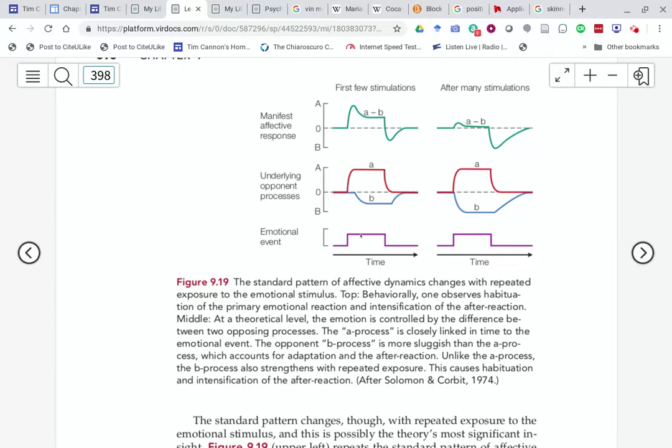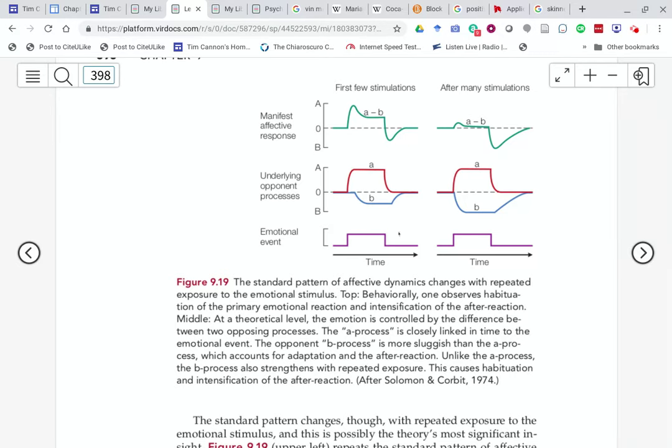So look at the bottom here. This is the emotional event. This was not designed for drug addiction. It's more related to things like fear, but it could also be physical attraction. The emotional event turns on crisply and cleanly.